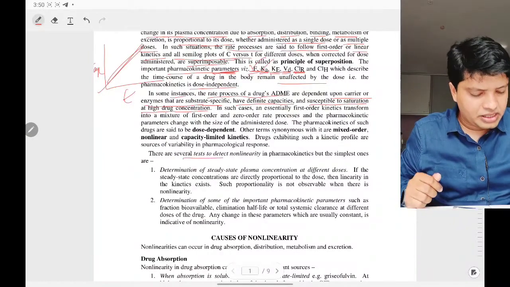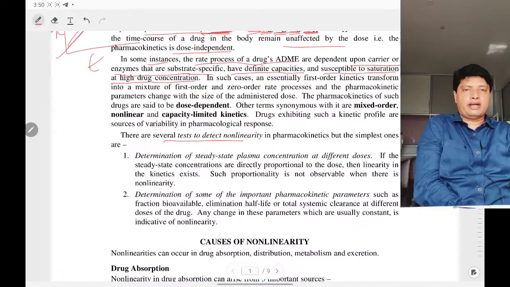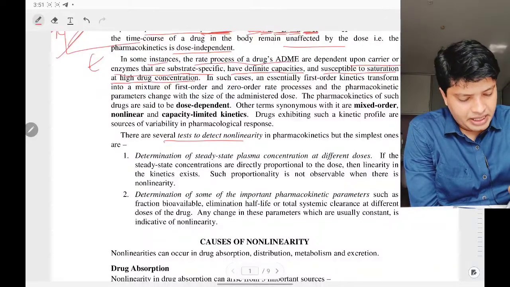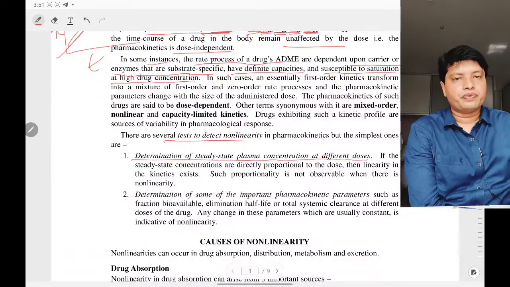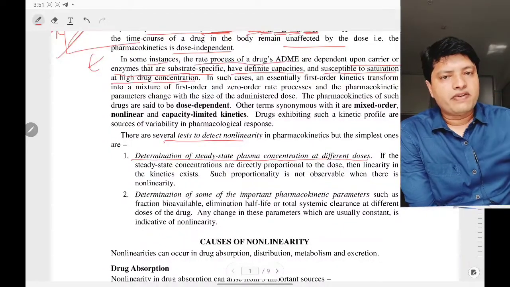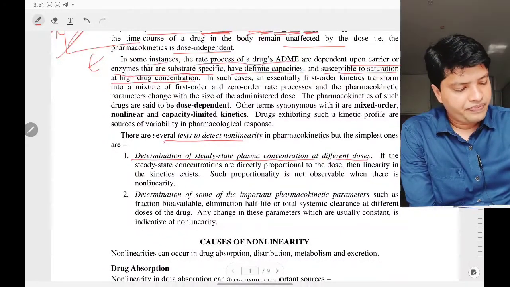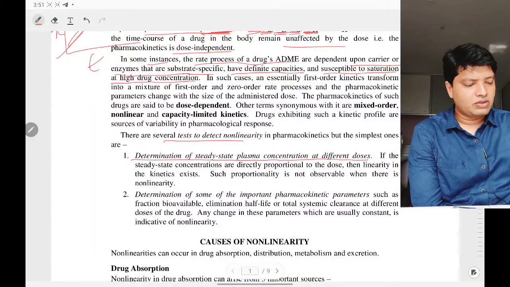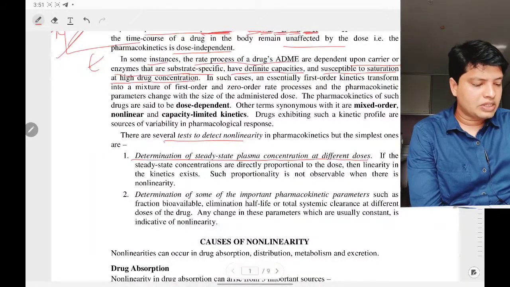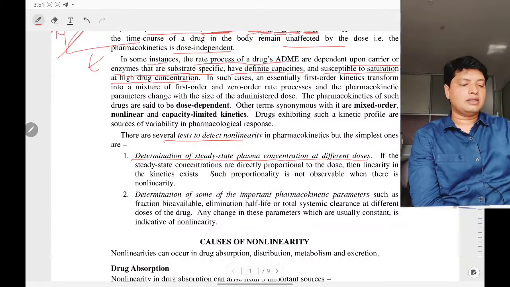We'll see what are the methods to determine whether the drug is following non-linear pharmacokinetics. So there are several methods to detect this non-linear pharmacokinetics. First one is determination of steady state plasma concentration at different doses. Okay, give different doses. Generally what happens, slowly if you increase the dose, at fifth dose or sixth dose you can achieve the steady state plasma concentration.